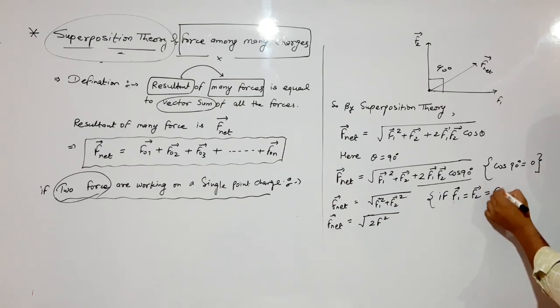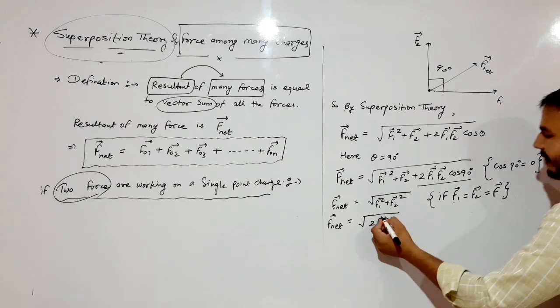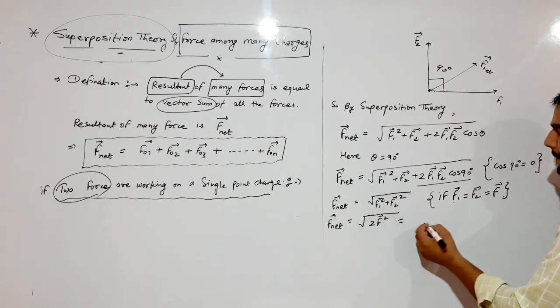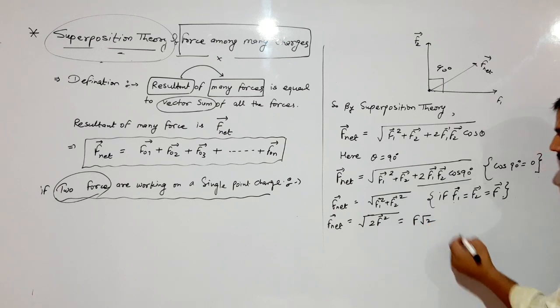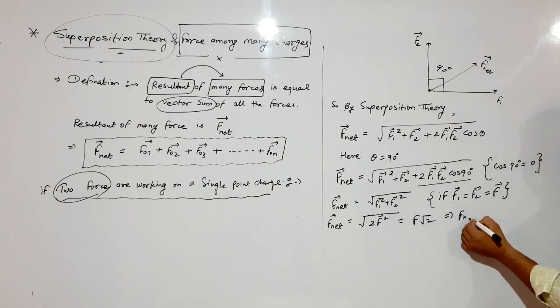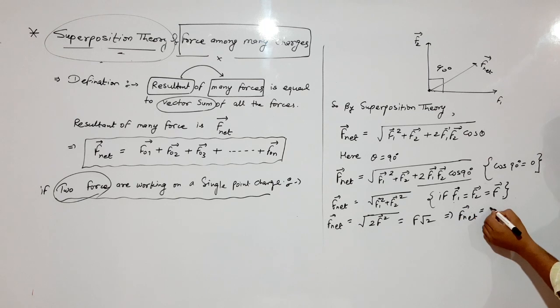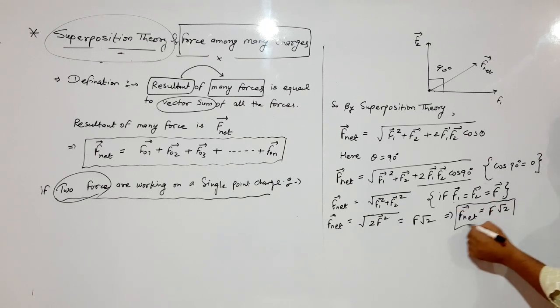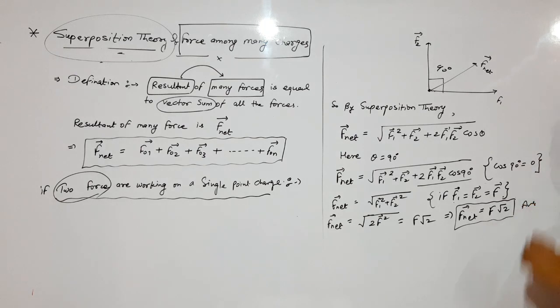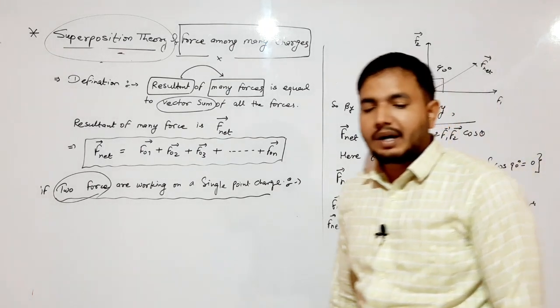So F net is equal to F root 2, which is our answer.